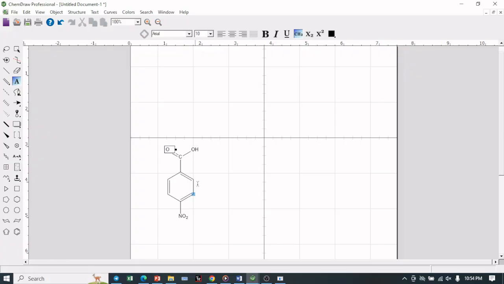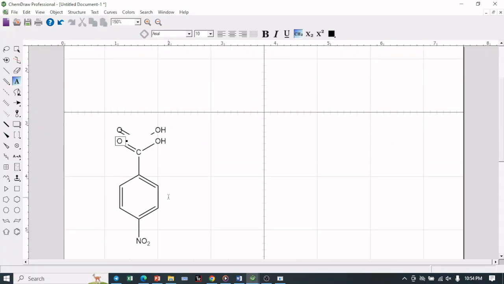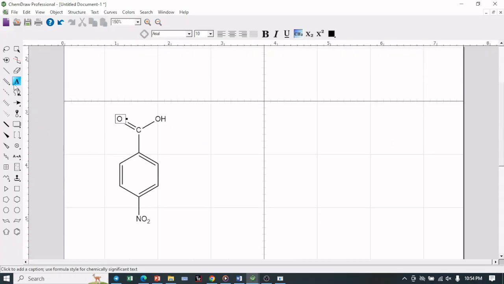So this is the structure of para-nitrobenzoic acid, the usual structure.